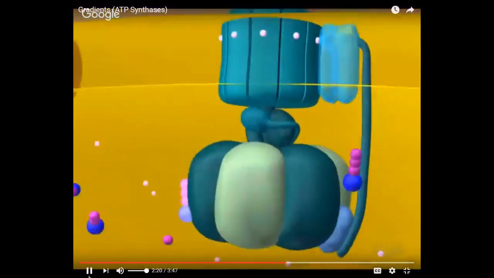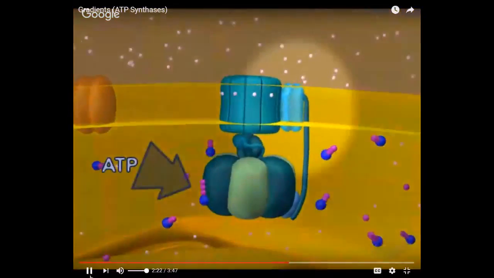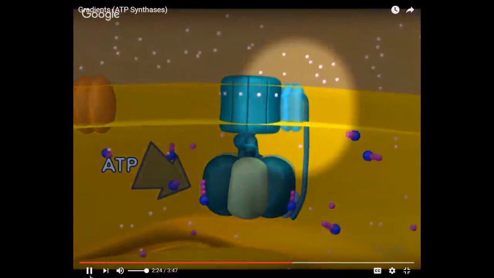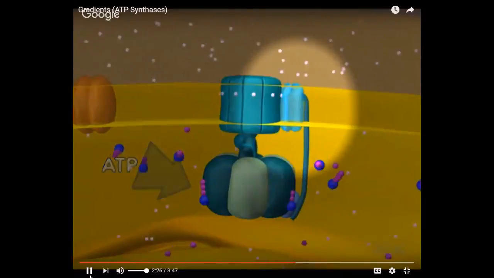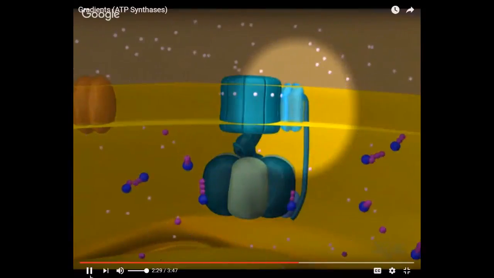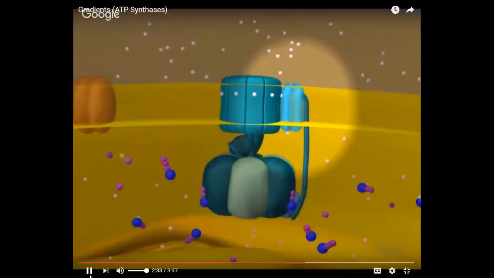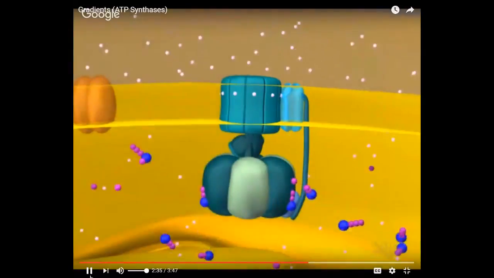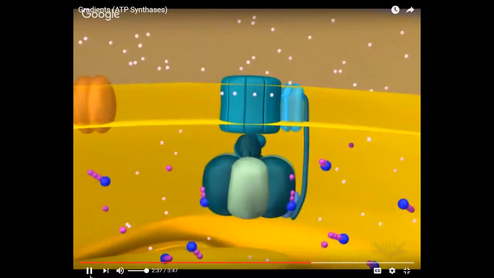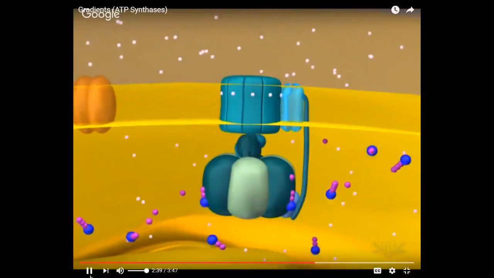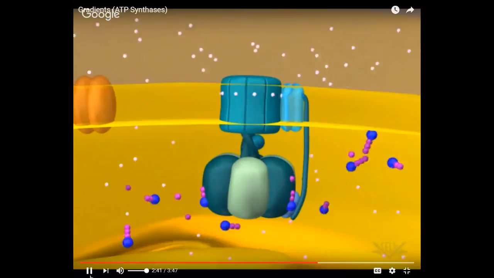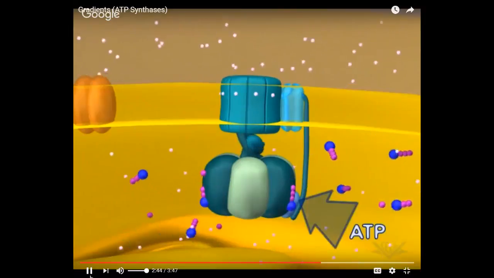Now let's watch the process again. Notice how the proton enters the ATP synthase and exits into the matrix space. Once 3 more hydrogen ions have crossed the membrane, another molecule of ATP will be made. In this example, the hydrogen ion gradient is large enough to produce 6 ATP molecules. Please watch as the remaining ATP molecules are synthesized.